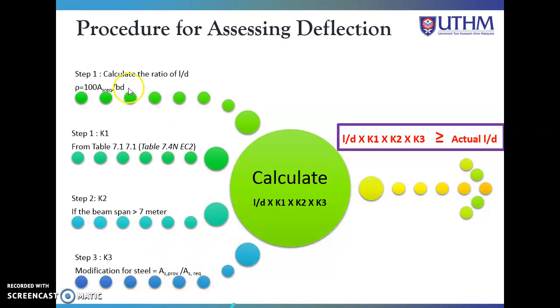So, after we determine the K1, K2, K3, L over D, we can calculate this value. L over D times K1 times K2 times K3 should be greater than the actual L over D. Okay?